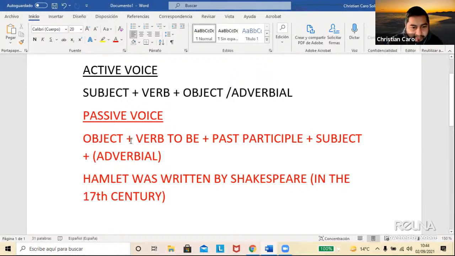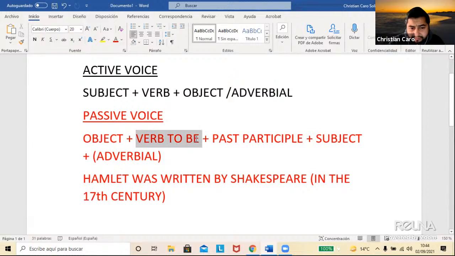Okay. After the object, we use the verb to be in different tenses. Verb to be, present simple, past simple, present perfect, past perfect, etc., right? So the verb to be is gonna change according to the tense, plus the past participle.